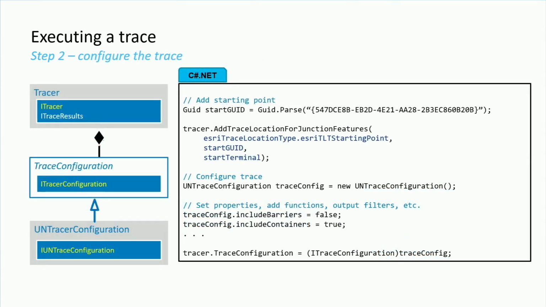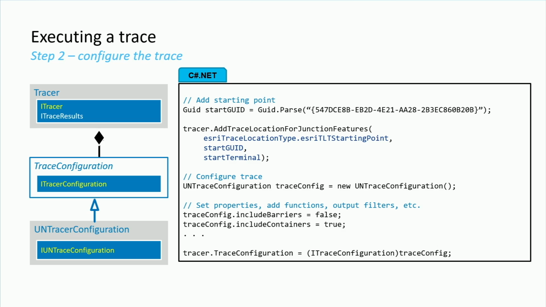Moving on. Once we have our tracer, let's say we want to run a trace, right? We have to configure the trace configuration for our tracer. So the first step, we need to tell the tracer where to start tracing. We need a starting point. The starting point is going to be a GUID, or the global ID of your feature. So we need to get the starting GUID. In this example, it's going to be a junction feature. So then we just add a starting point as a junction. We add the GUID and a starting terminal.